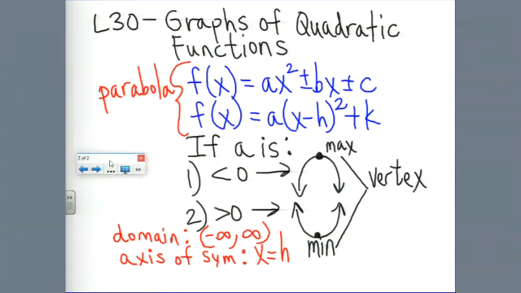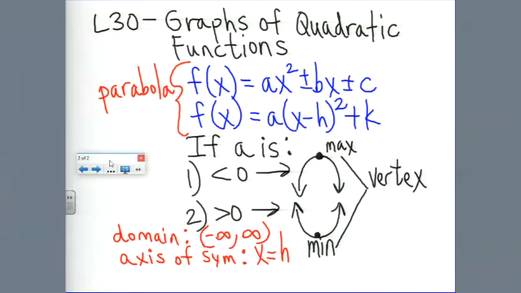Both of these types of quadratic functions are known as parabolas. Now, regardless of which form, a tells us exactly what the graph should look like. And a parabola is a curved function.